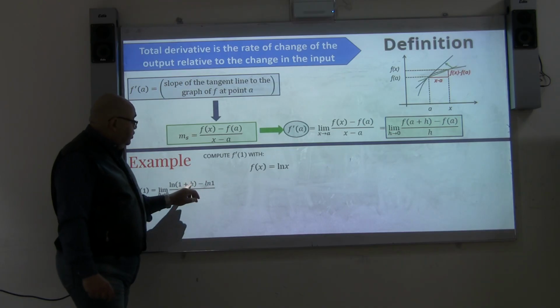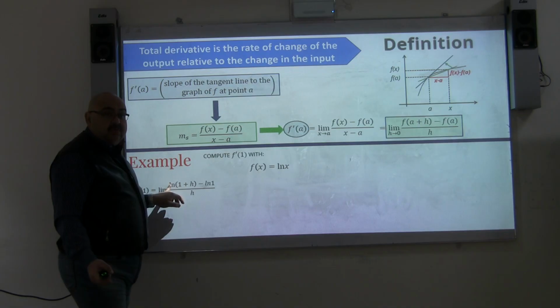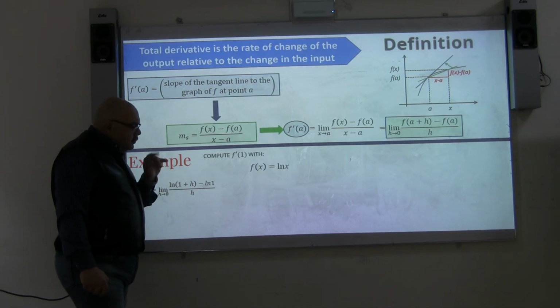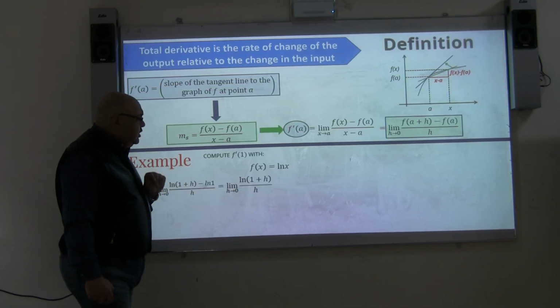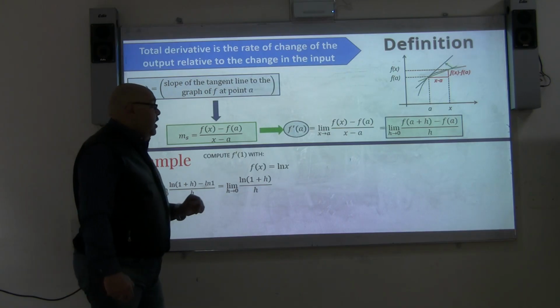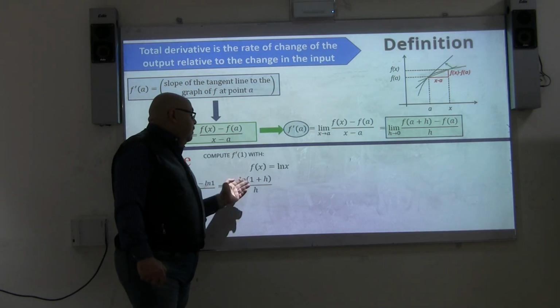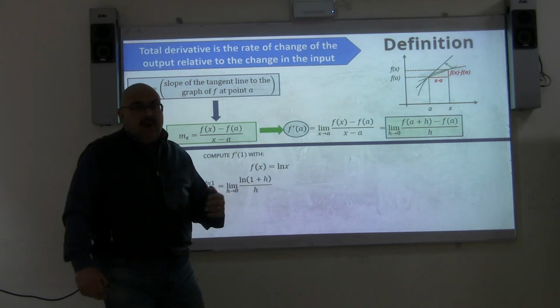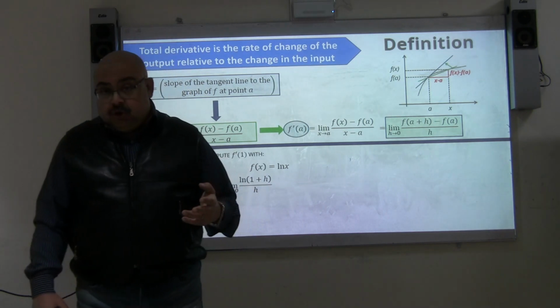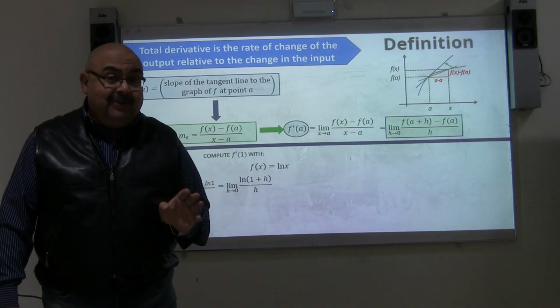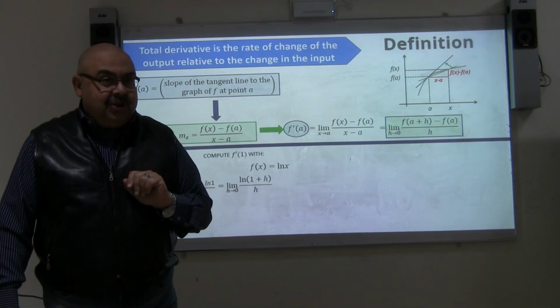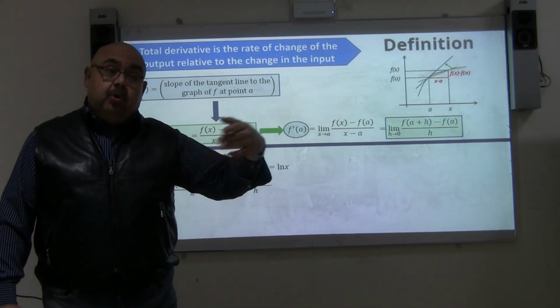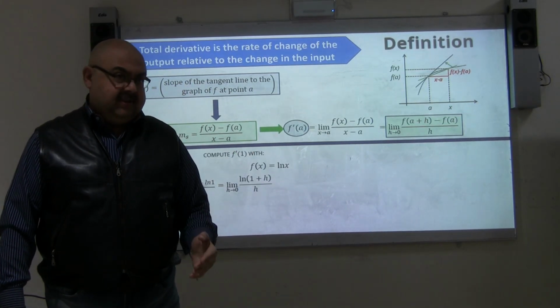And if you make the substitution of h equal to 0, you will have ln 1 also, which is 0, so we are still in this problem. But I can do something very, very nice: trying to expand ln of 1 plus h using one of the expansion methods. One of the famous expansion methods is the Maclaurin expansion. So if I want, and we will go through this in the coming lectures, inshallah.